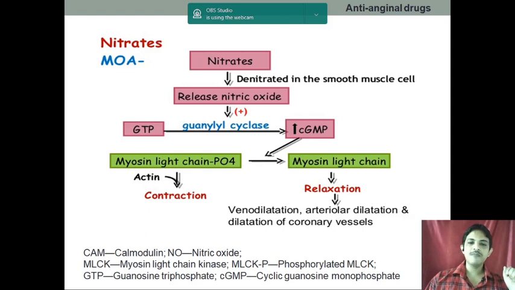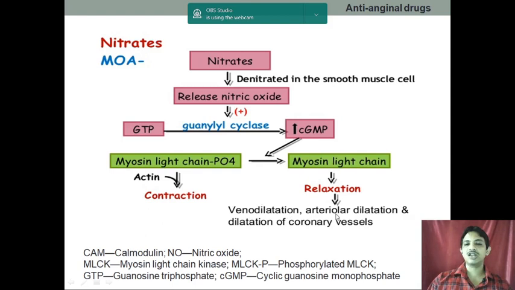Cyclic GMP is responsible for the dephosphorylation of myosin light chain, and when there is dephosphorylation of the myosin light chain, it causes relaxation.